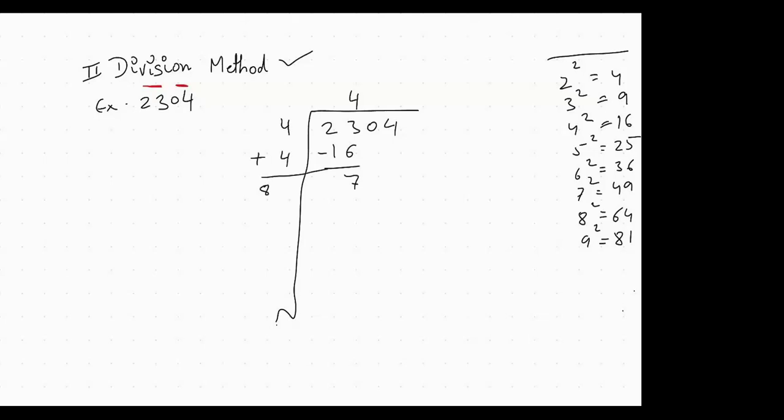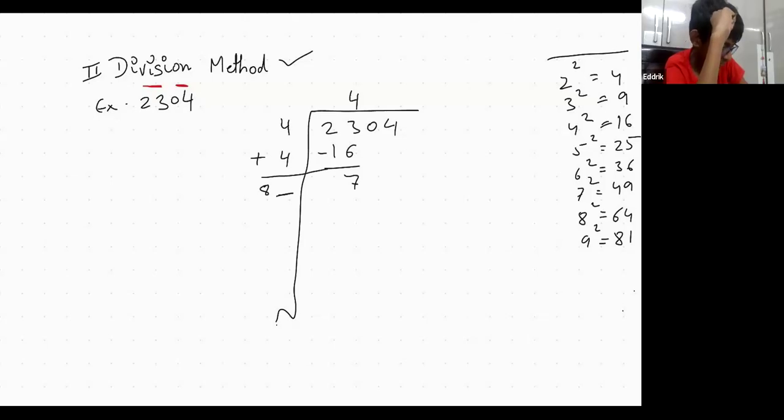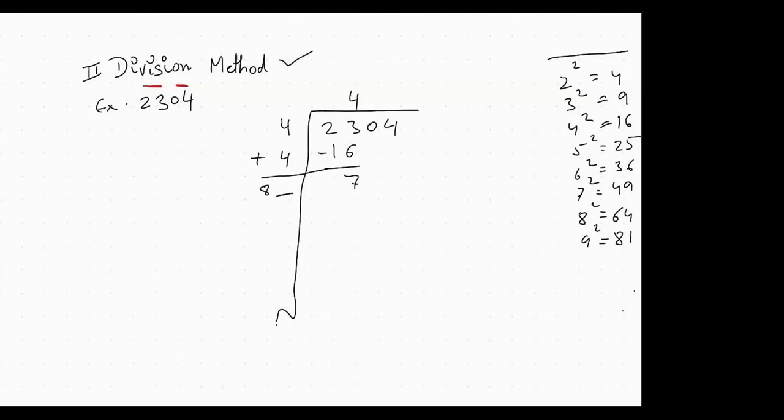Now after 8, I put a dash, because in the dash we are going to write a number that will divide 704. Because 04 is one pair, we bring both of them down together, so we get 704. After 8, what number should I put so that when I multiply it with itself I get 704?